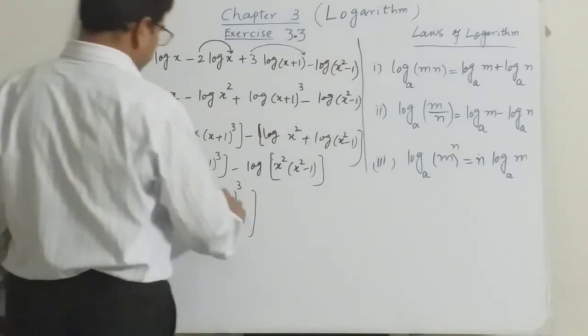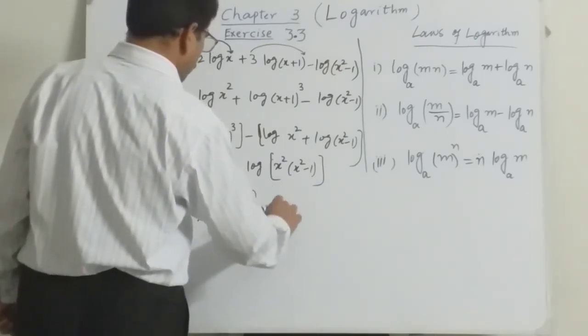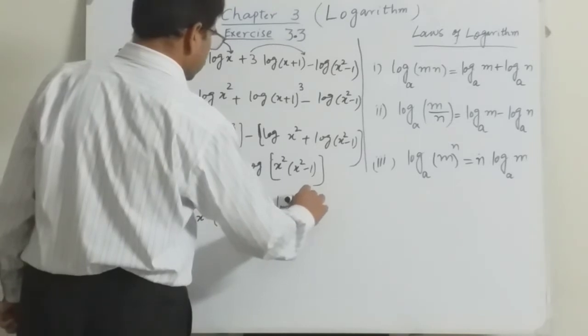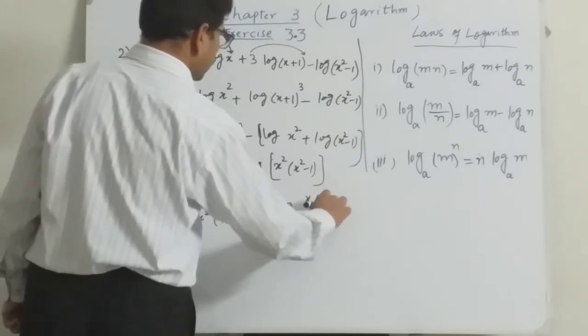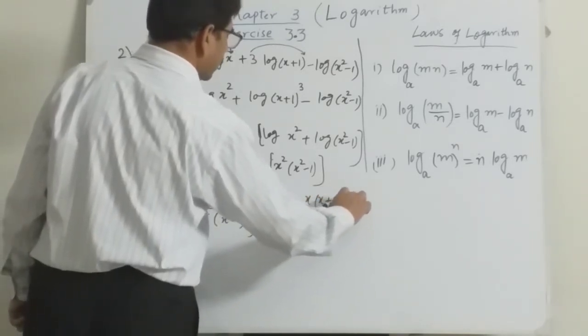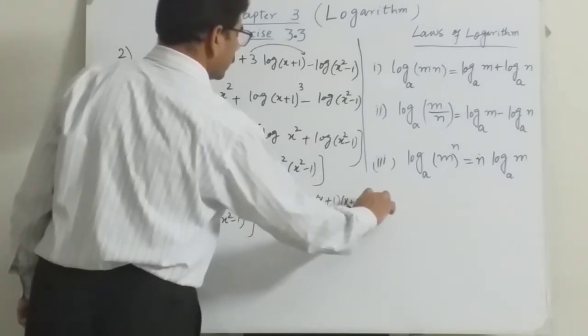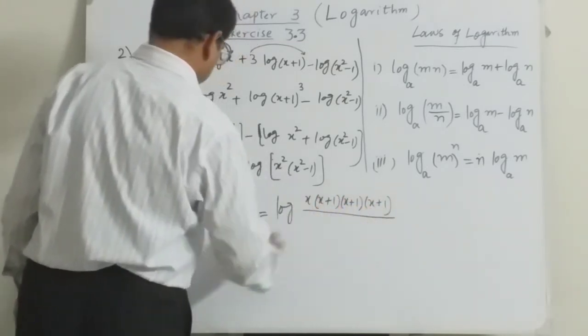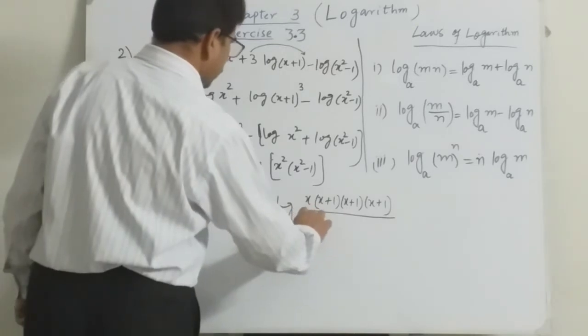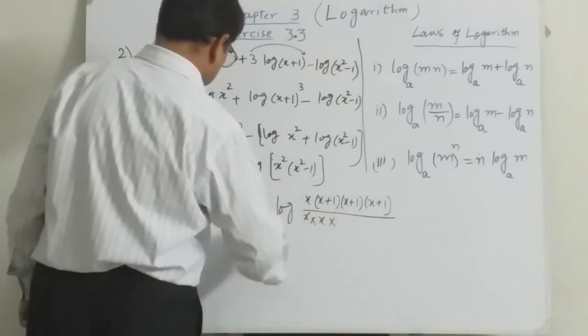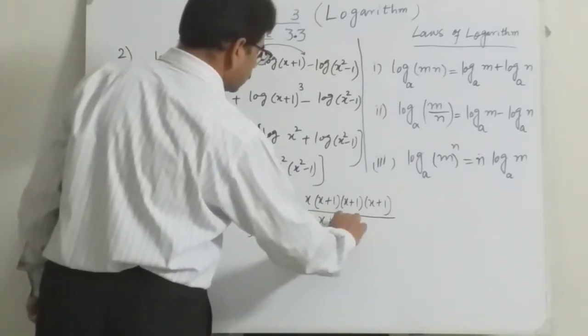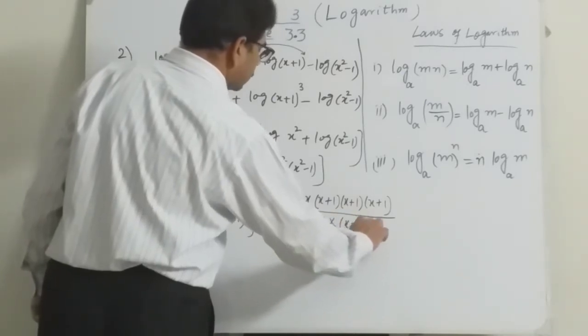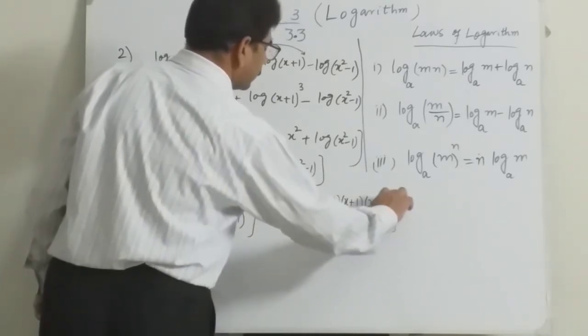Now we will simplify this expression. Log of x into x plus 1 into x plus 1 into x plus 1, divided by x multiplied by x, and x square minus 1 will be factorized to write it as x minus 1 into x plus 1.